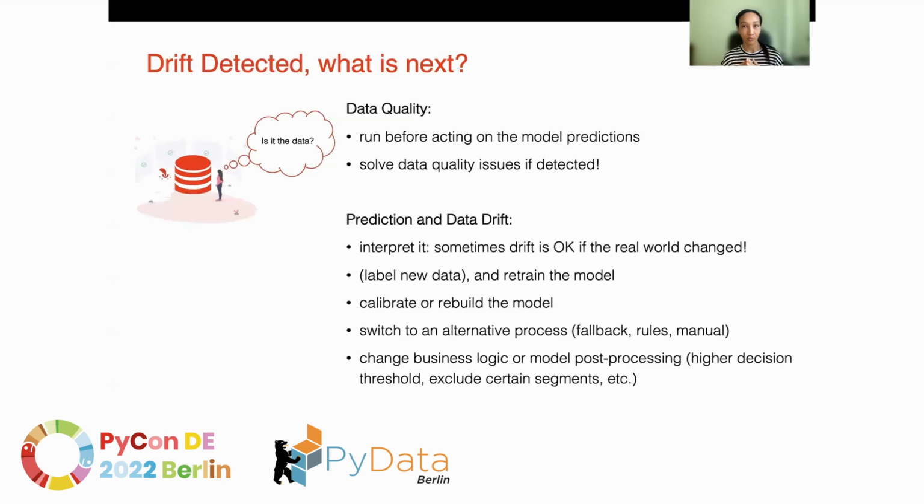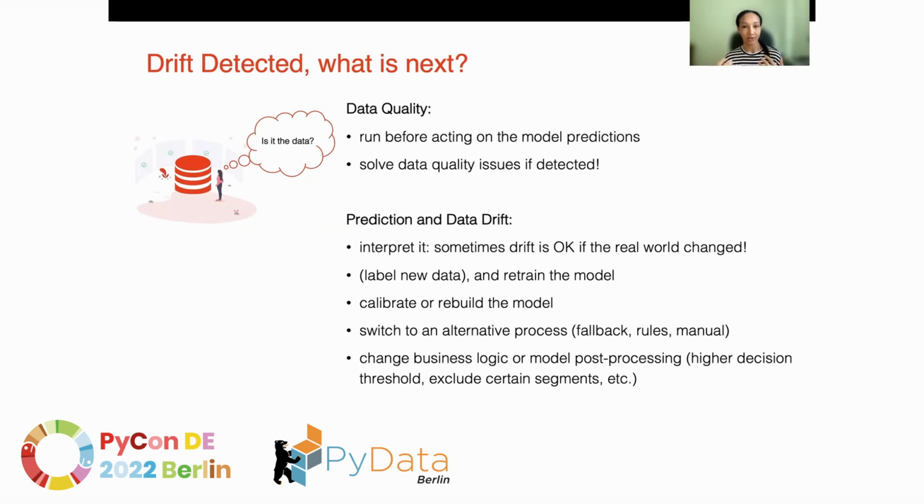The reaction can be something pretty straightforward, like just retraining the model on a new batch of data and continuing to apply it, or something more complicated, like calibrating or rebuilding the model totally, experimenting with different algorithms and approaches, or even changing business logic on top of the model's outputs, like maybe using a higher decision threshold, maybe excluding certain segments from the analysis and sending some objects to manual review, maybe using some fallback system, which does not rely on machine learning models, but is more robust and relies on rule-based systems.